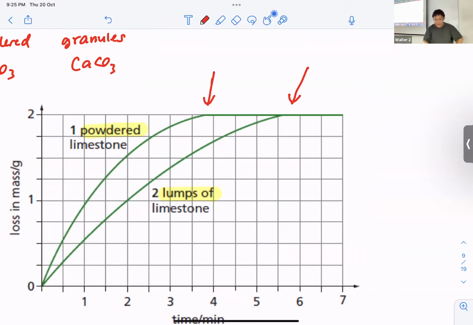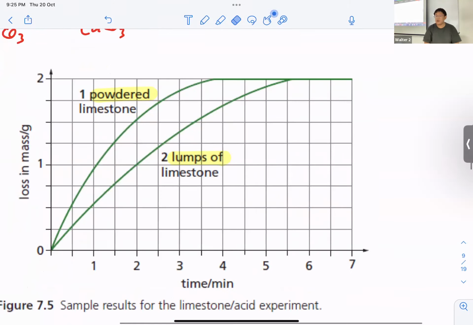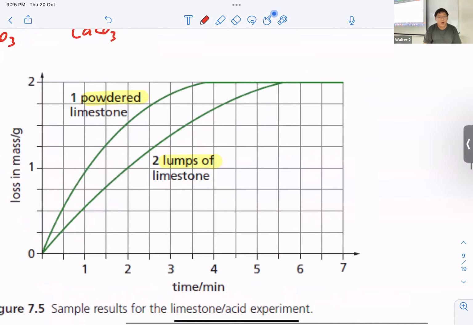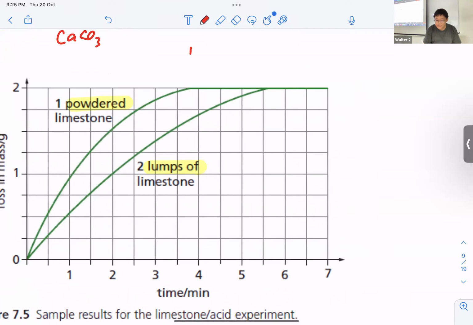So again, notice that there are two graphs actually drawn in this part over here. You will notice that for the powdered limestone, it reaches the flat point faster compared to the other one. So for powdered limestone, the end of the reaction is over here.